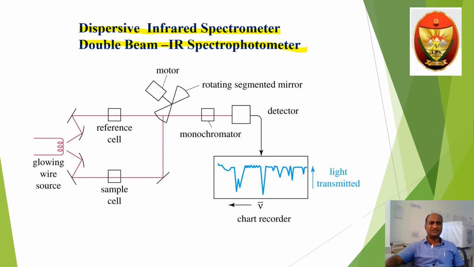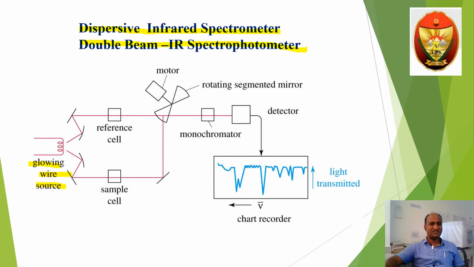The only difference is the source of electromagnetic radiation. So here in this figure you can see the glowing wire source. This might be an incandescent lamp that is producing the mid IR region, here 4000 to 400 reciprocal centimeter.